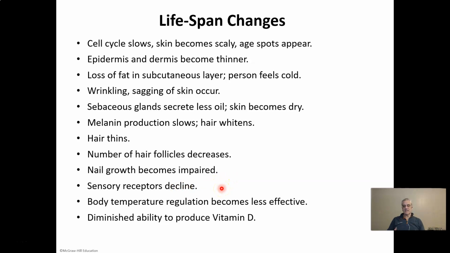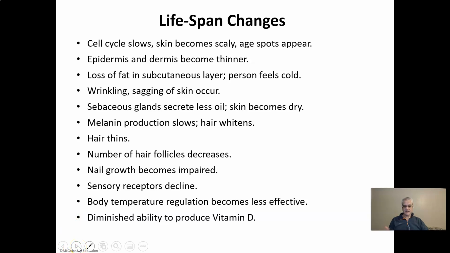You become less sensitive to changes in temperature, less sensitive to objects that you step on that could be dangerous, and you pierce that thin skin and you have problems. Body temperature regulation is harder, and you have a diminished ability to produce vitamin D. All of these things are lifespan changes, to different extents in different people, of course, obviously.